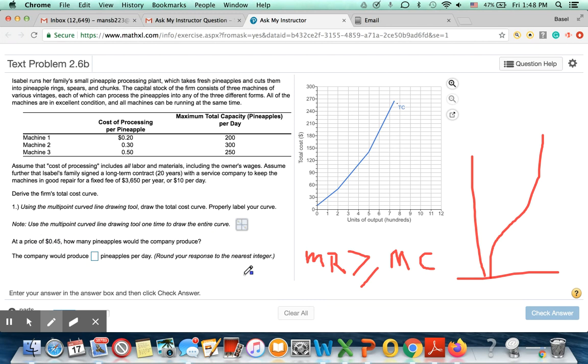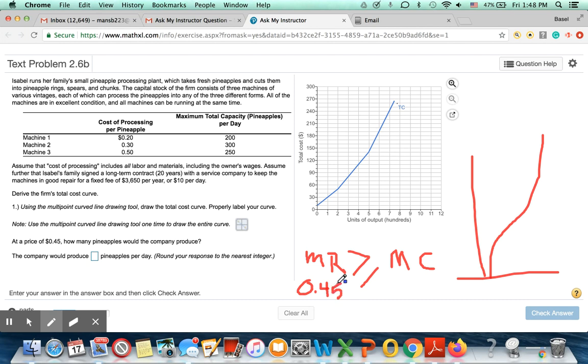So, if the price is 45 cents, that's your marginal revenue. That's the additional revenue you get from selling one unit, right? That's your marginal revenue. How much is it going to cost you?